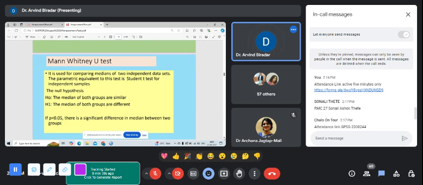See that, the Mann-Whitney U test. It is used for comparing medians of two independent data sets. We are not going to consider mean and standard deviations.